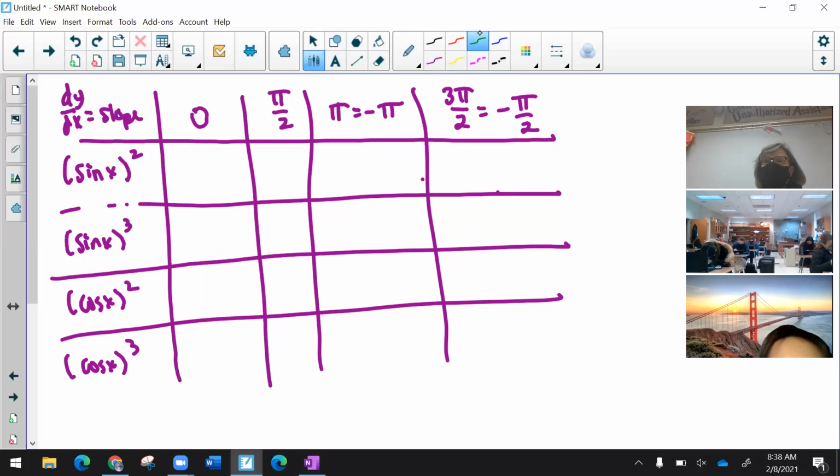So this is just going to tell us what the slopes are, and then we can refer back to our graph.